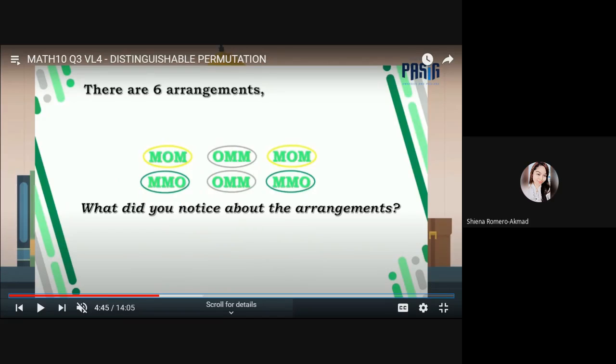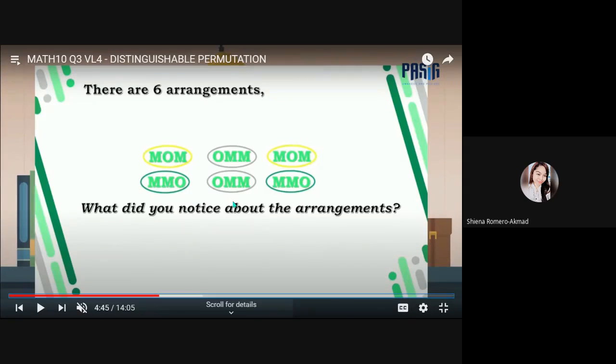So meaning, because of the letters that are the same, it tends to give you the same arrangements also. So then we cannot distinguish. When we say we cannot distinguish, we cannot identify which is the first M, which is the second M. It gives us repeated arrangements.